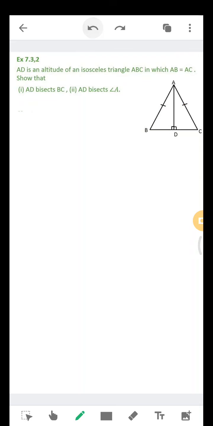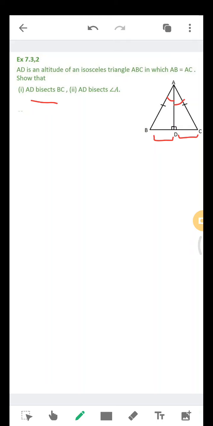We need to prove that AD bisects BC. So we have to prove that this AD cuts BC into 2 equal parts. Bisects means dividing it into 2 equal parts. So we need to prove BD is equal to DC, and AD bisects angle A also, so we need to prove this angle is equal to this angle.